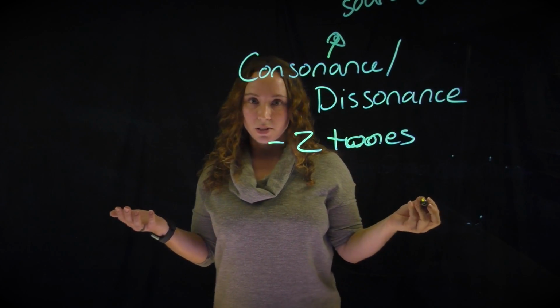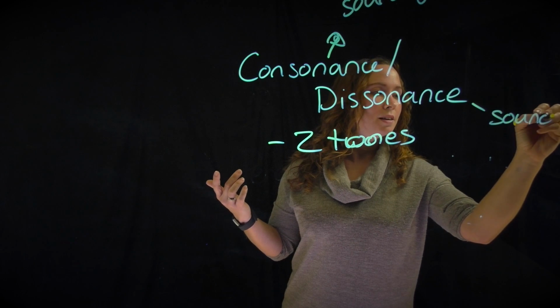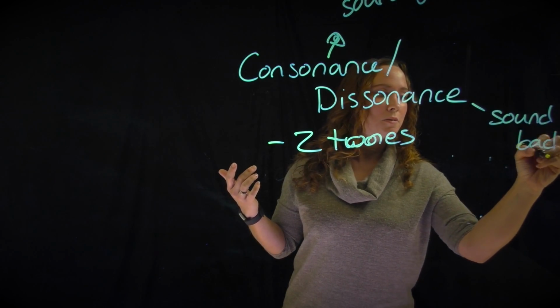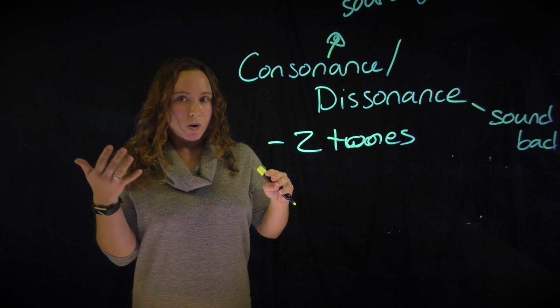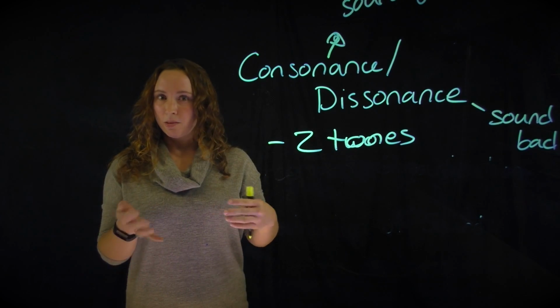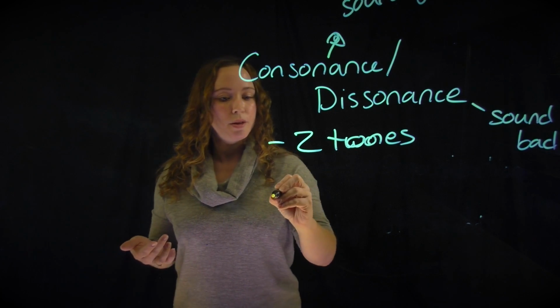And if you play two tones and they sound really bad, that's dissonance. So the question then is, what causes two tones to sound good or bad together? And that is actually the critical bandwidth.